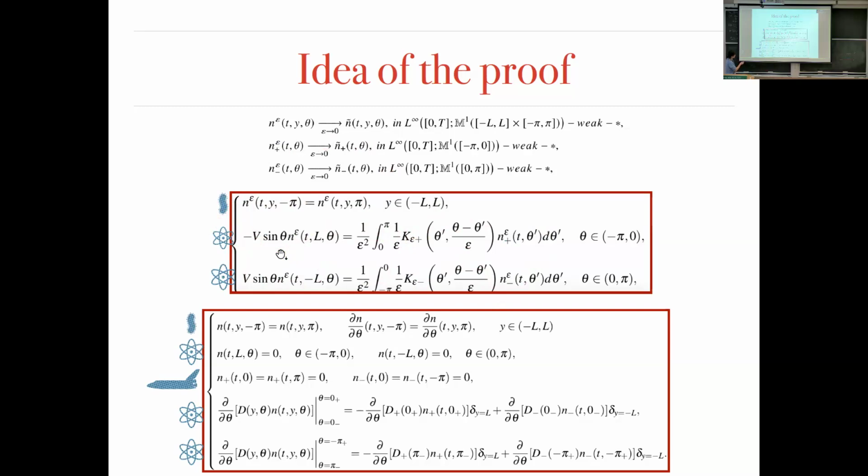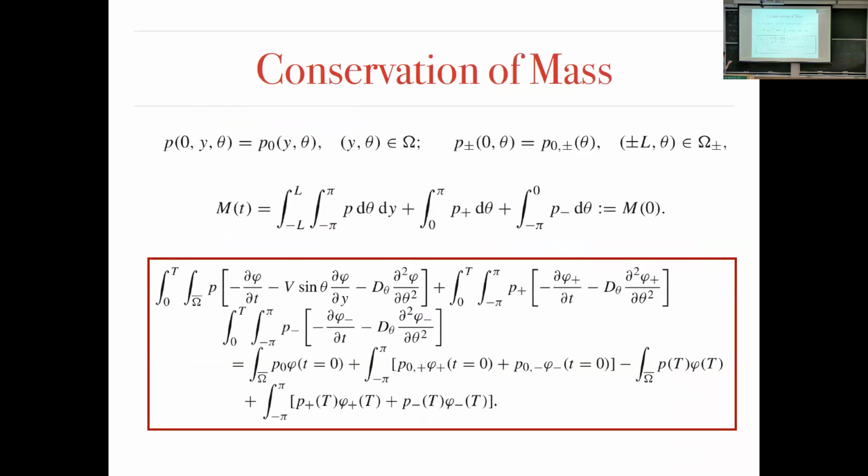Then the periodic boundary condition in theta would become the same periodic boundary condition in the limit, for the diffusion in theta, which is these two equations here. But for the system here, it would change into three equations. I will explain the meaning of each of these three equations later, in previous slides.